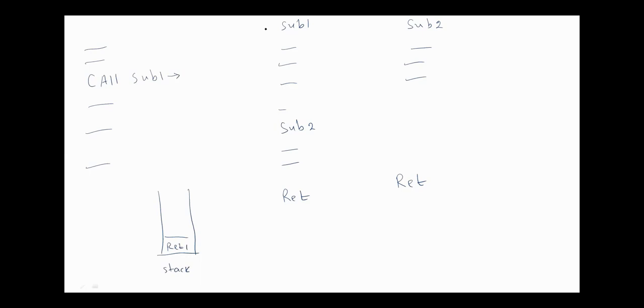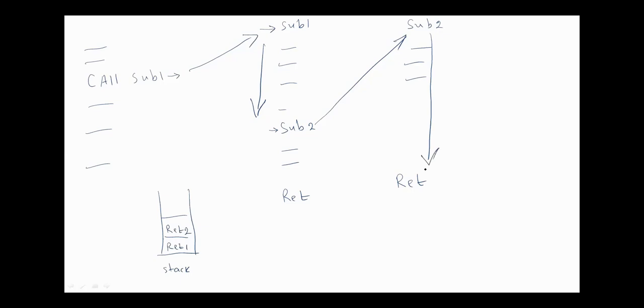and we start subroutine 1. Here, when subroutine 2 is called, return address 2 is pushed into the stack, and we continue to subroutine 2.